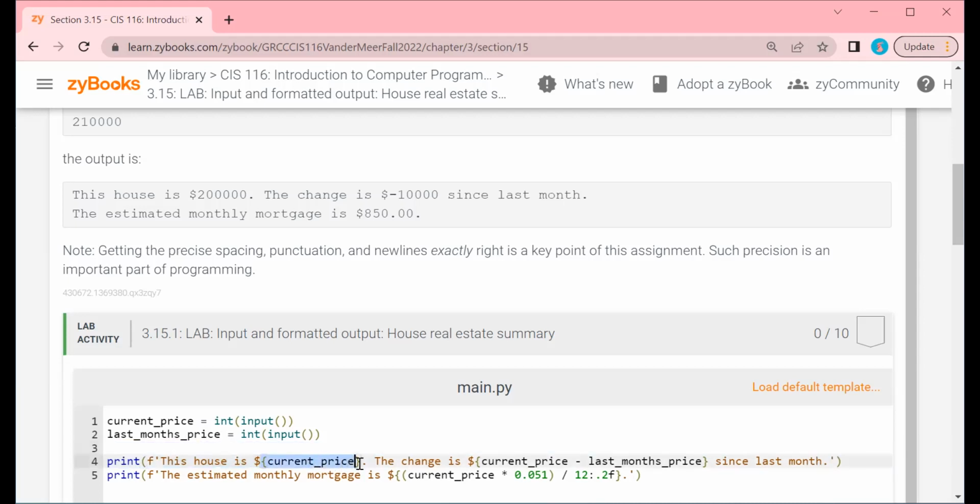In my curly brackets, I'm putting current price, but I'm not saying colon .2f because I want it to just say 200,000 and not 200,000.00. Okay. And you've already put 200,000 in the input box? Yes. And then it says, and the change is, again, in my curly braces, 200,000 minus 210. So that would come out to negative 10,000, but I'm not rounding it.